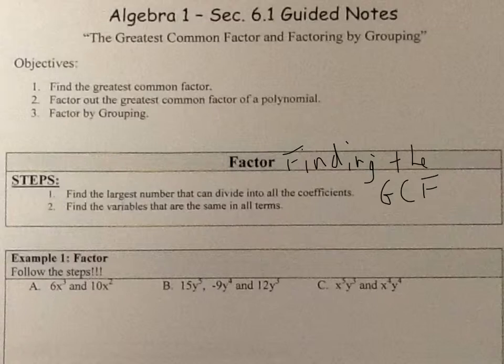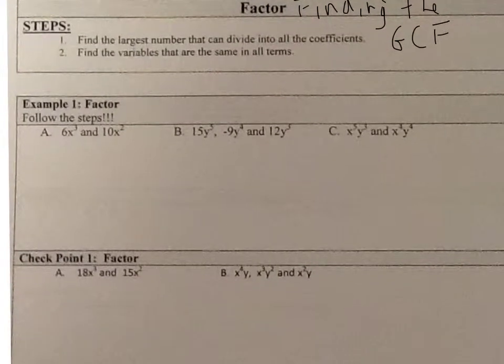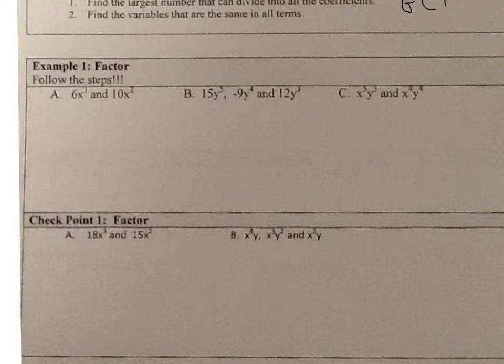So let's look at a couple of problems here. Example 1. And again, this should say not just factor, this should say find the greatest common factor. That's really what we're doing here. Factoring will come up in the next problem.